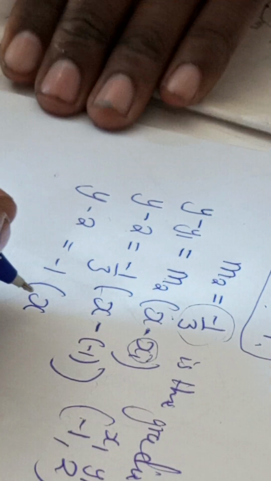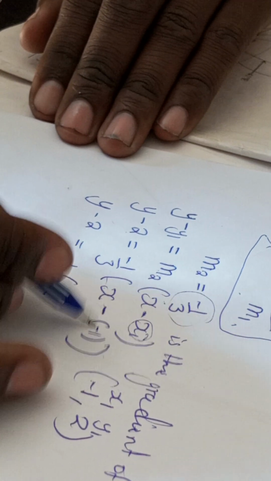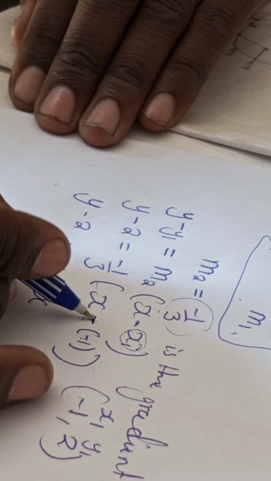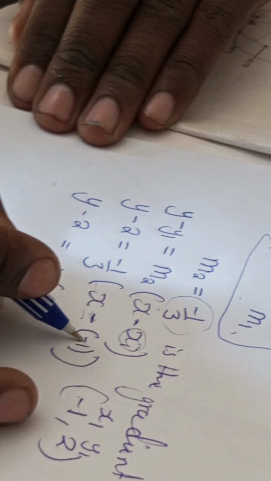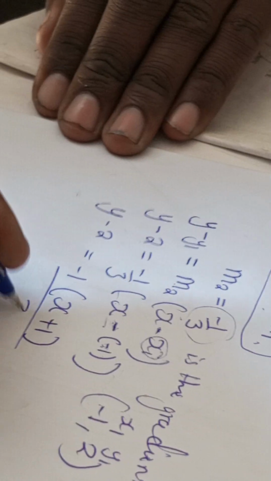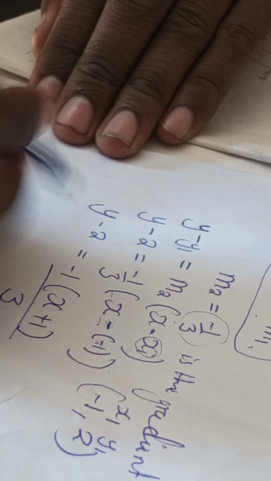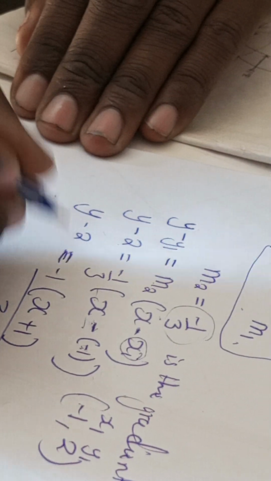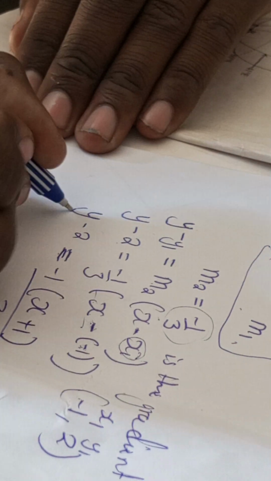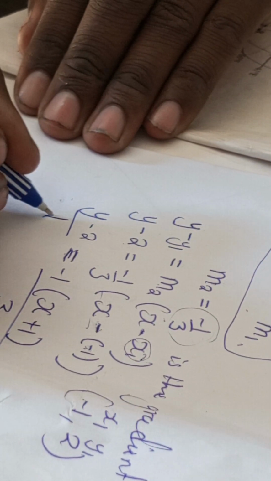Now, before we go any further, we need to multiply here, we need to remove the brackets. So we're going to say -1 times negative times -1, we're going to get +1, like that, divided by 3. We're having an equal sign here, then we're going to divide this. This is the same as over 1.